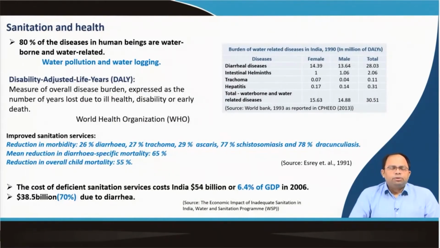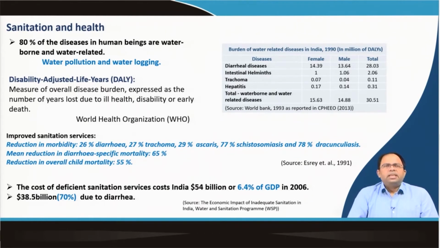So, another major issue of sanitation or sewerage and sewage treatment services in an urban area is of course public health, right. Sanitation and health are very, very intrinsically linked, and this is the main thing that we are actually trying to protect, that is the health of people living in the urban area.